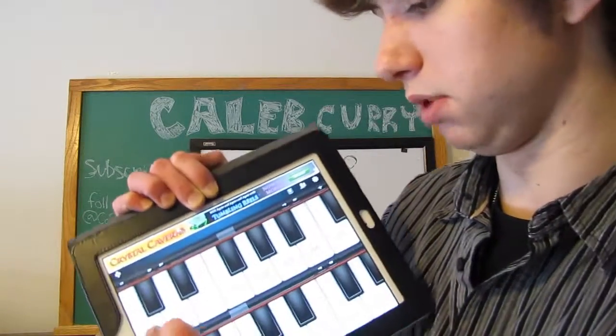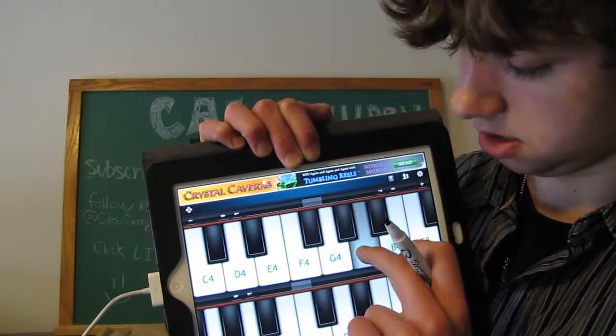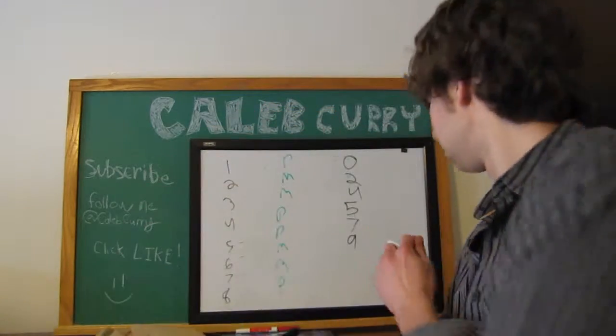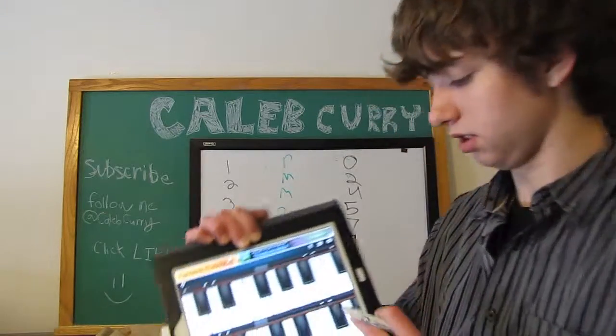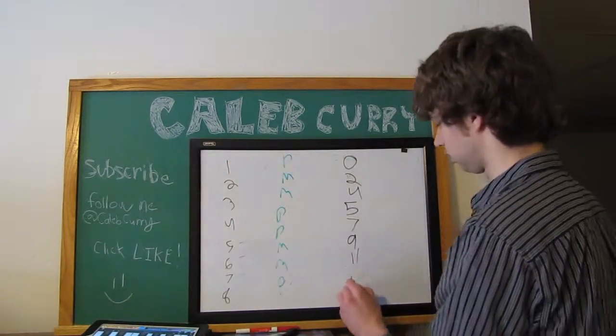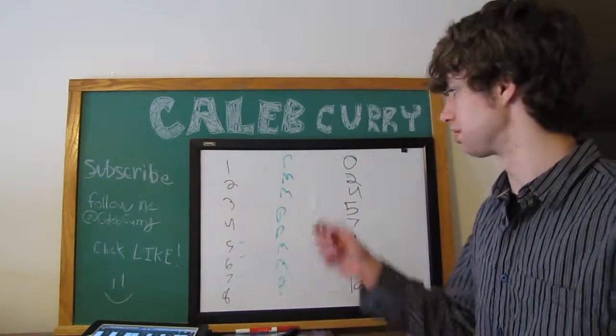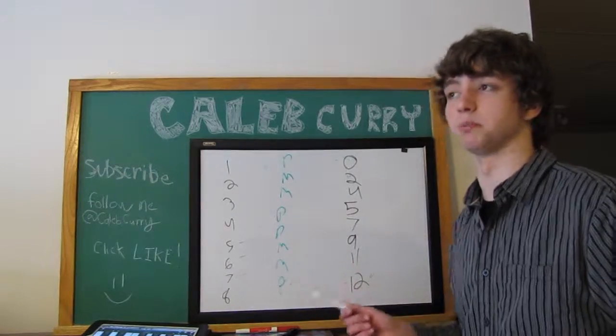Now 7 would be B. 1, 2, 3, 4, 5, 6, 7, 8, 9, 10, 11. And an octave is 12 because we only have one more key. 12. So here's how you can just figure it out without having to memorize it. All you have to remember is perfect, major, major, perfect, perfect, major, major, perfect.